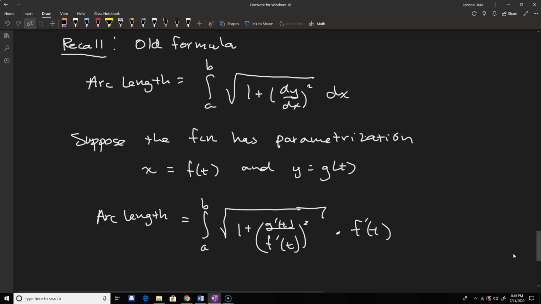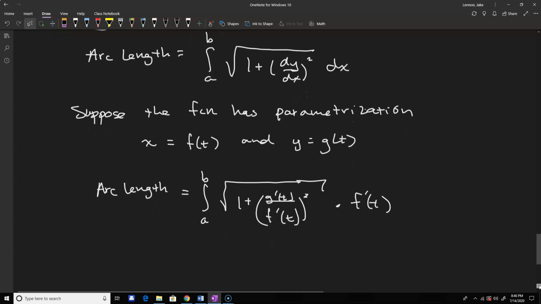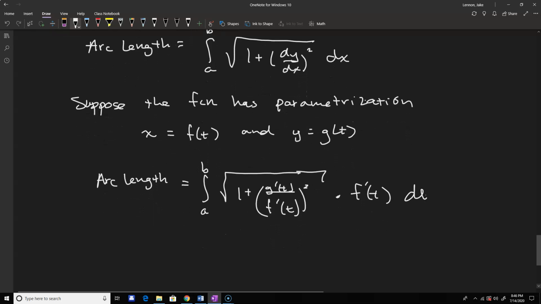Now we're doing this all with respect to t, so we'll write a dt on the outside. That f prime of t can be brought inside, right? Because f prime of t is the same thing as the square root of f prime of t squared.